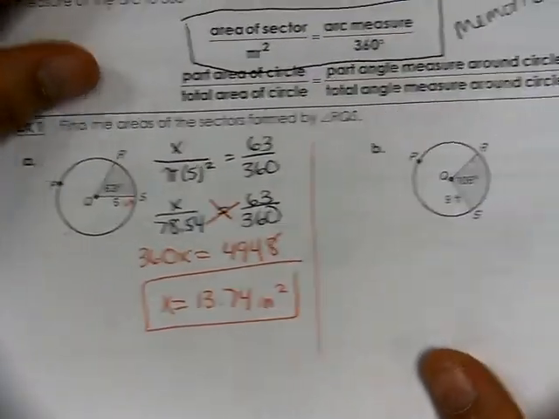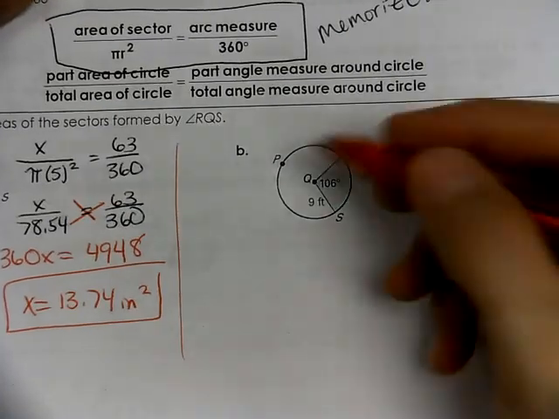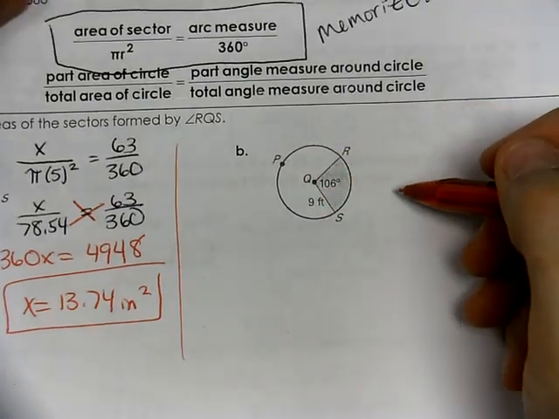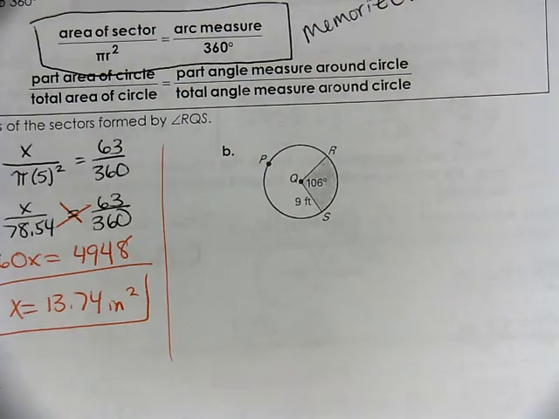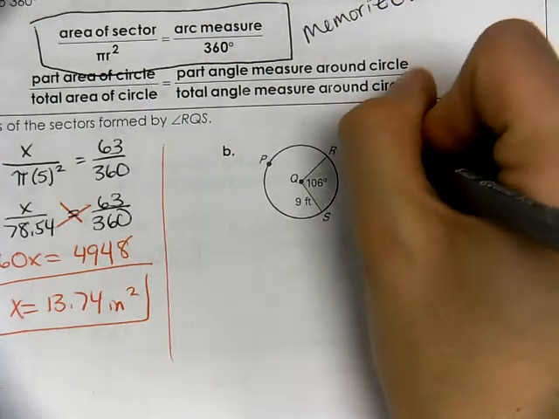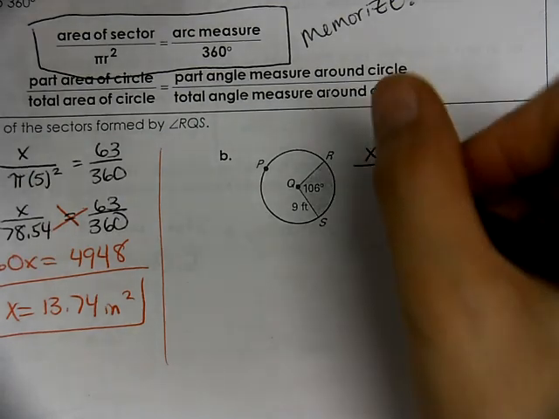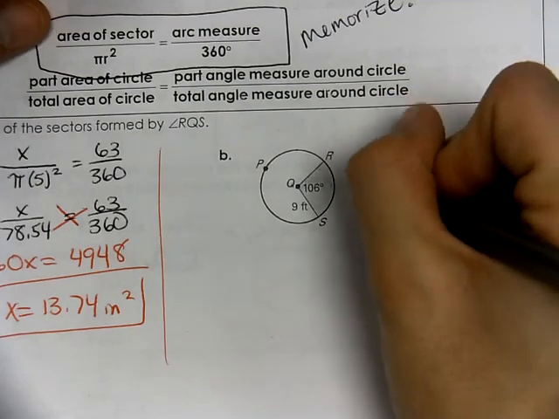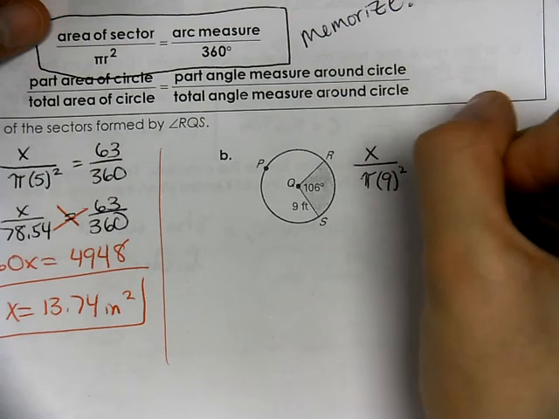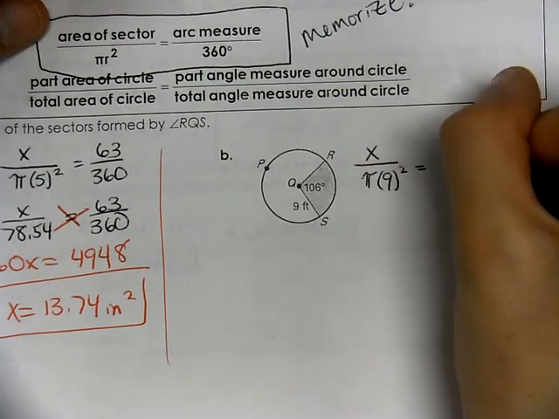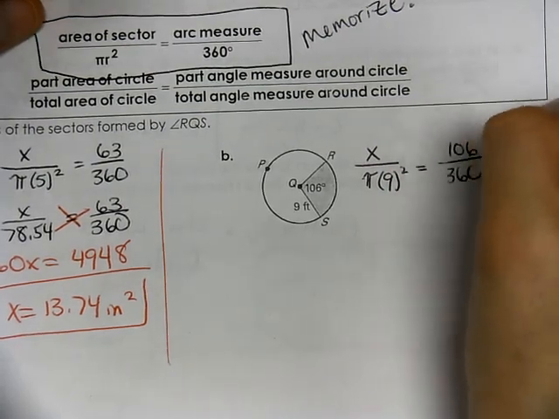Okay, B, same thing. We want to find the area of the shaded region. So I'm going to take X over the area of the circle, pi 9 squared, equals 106 over 360.